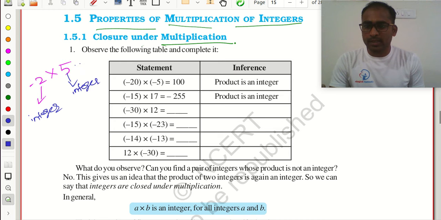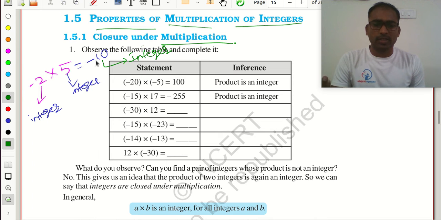So what is the result of this product? How much am I getting here? Minus 10. Minus 10 is also an integer only, na? Minus 10 is also an integer. So I can say integers are closed under multiplication. I can say na.